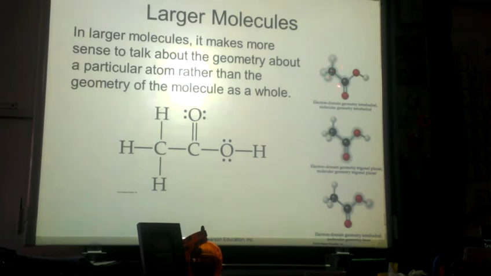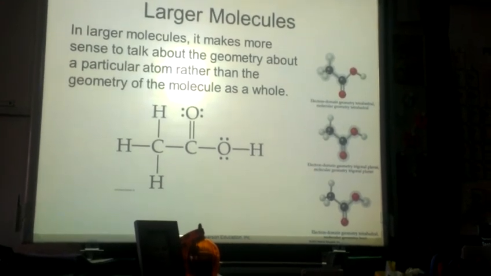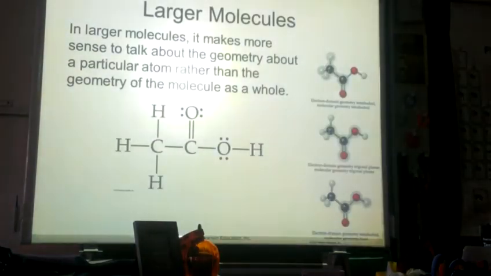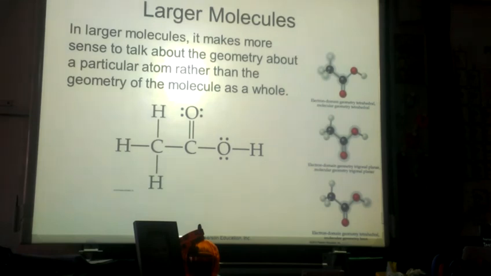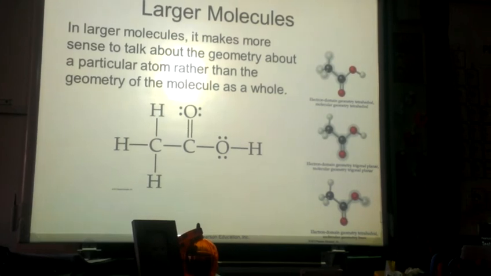I see that here. That carbon there in the middle is trigonal planar, and I can see that. This carbon here is trigonal planar. I see that 120-degree separation there. And then lastly, we said the oxygen would show a bent, and I see that bent molecular geometry in that structure.